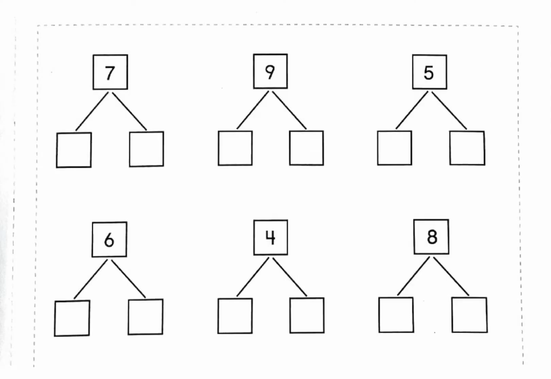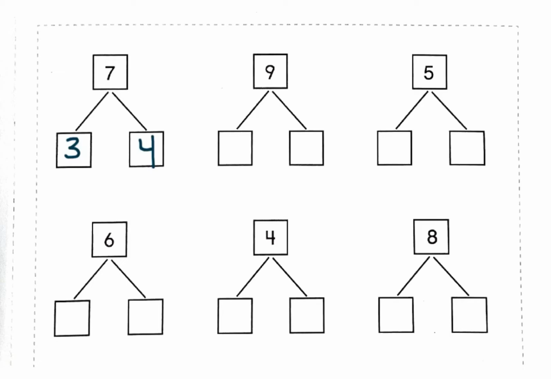Okay, so I hope some of you used what you know about doubles facts. So for example, when you look at 7, it's not an even number, but we know 3 plus 3 is 6, and 7 is 1 more than 6. 1 more than 3 is 4.